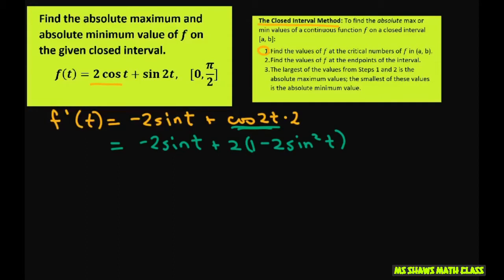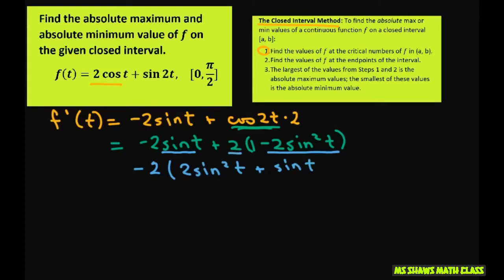Now, I'm going to factor this so we can find the values. And I'm going to take out a negative 2. Now, if I take out a negative 2, this is going to turn to positive. So that's going to be 2 sine squared of t. This is going to be positive because that was already negative. So it's plus sine of t.